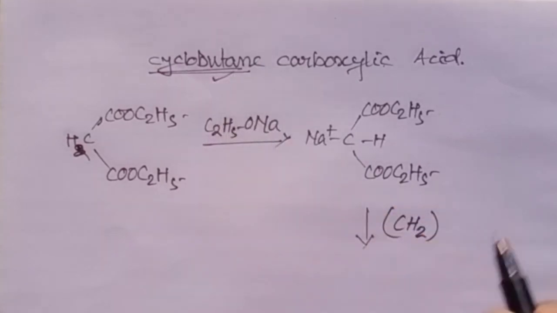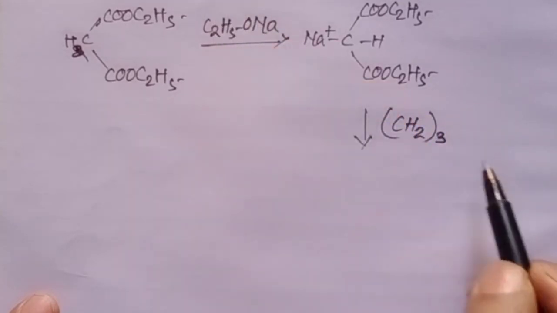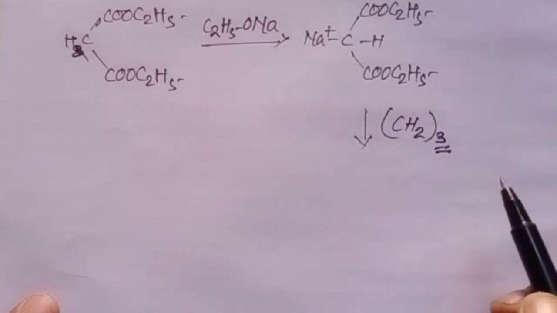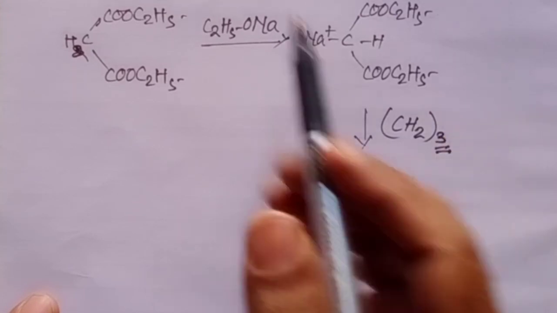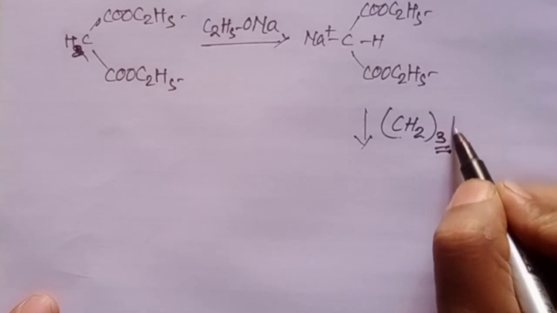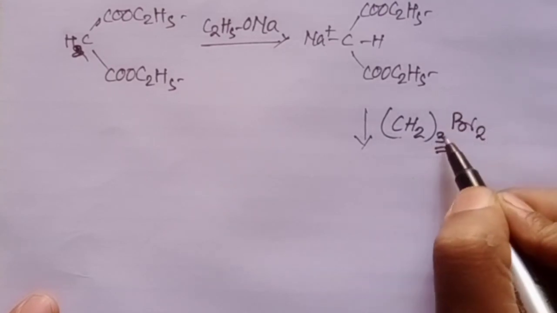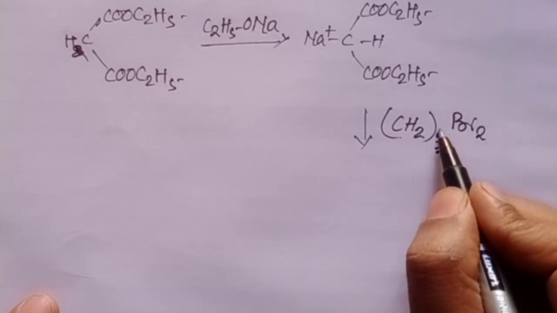Since butane is 4, here it will be 3. If it is cyclopentane, then it should be 1 less, that is 4. And if it is cyclopropane, then it should be 2. I will add (CH2)n Br2, so here, since it is CH2 3, I have to add 3.